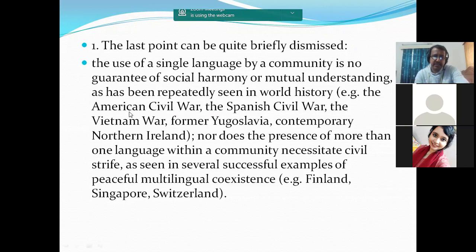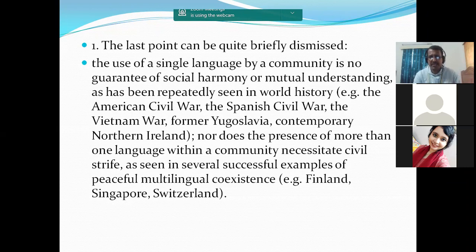Yet we have observed the American Civil War, the Spanish Civil War, the Vietnam War, the former Yugoslavia, and contemporary Northern Ireland. Such countries are monolingual, still history has seen civil war in these monolingual countries.